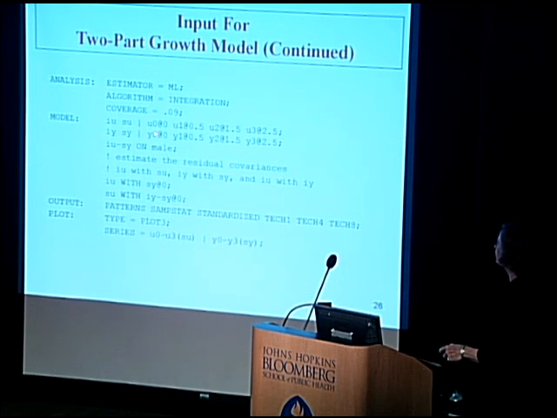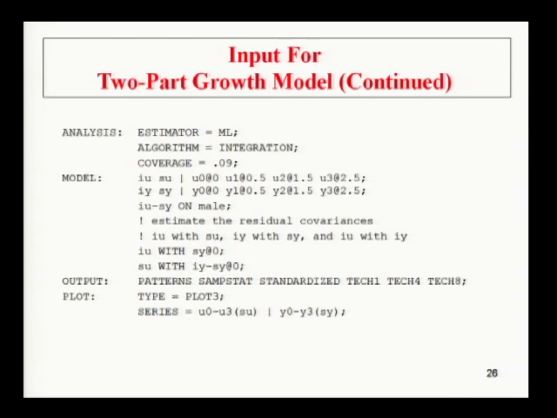And we are specifying a linear growth model for both of the processes. So once again, 0.5, 1.5, 2.5. And we're regressing all of the growth factors on male using the on statement. By default, all of the residual covariances would be free.